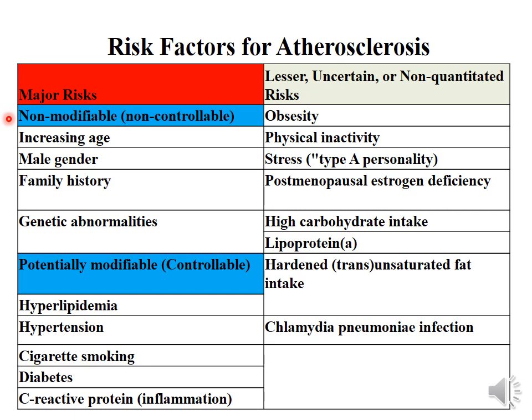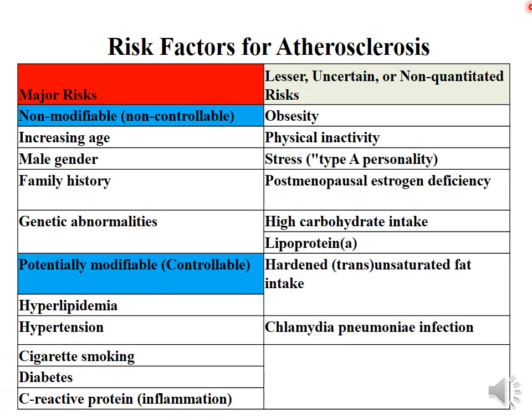The non-modifiable, non-controllable risk factors include increasing age, male gender, family history, and genetic abnormalities involving the metabolism of lipids. The ones that are major risk factors but are potentially modifiable or controllable include hyperlipidemia, hypertension, cigarette smoking, diabetes, and inflammation.